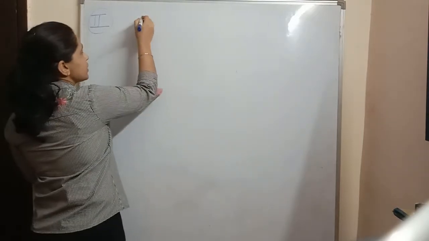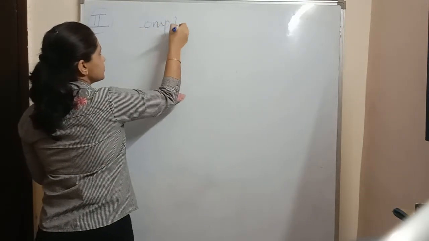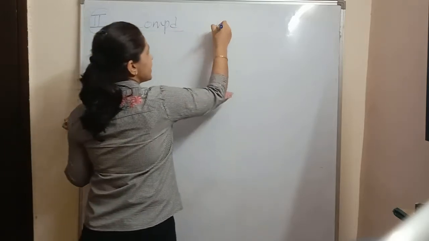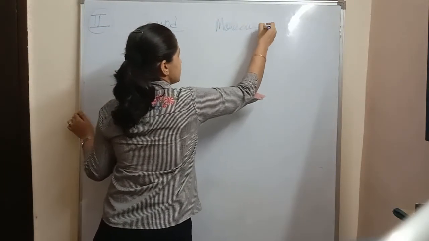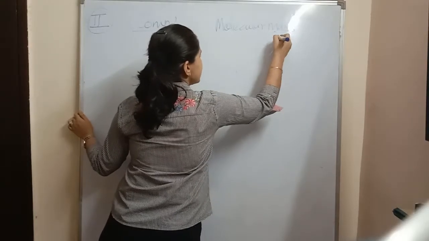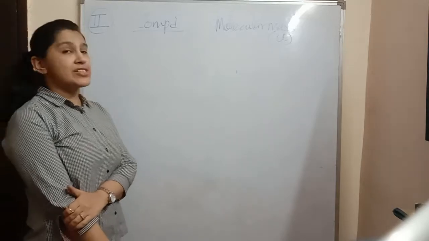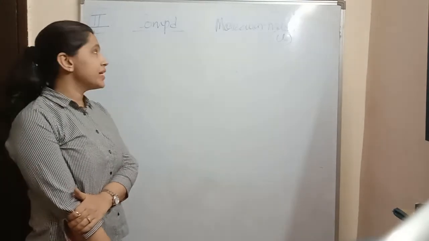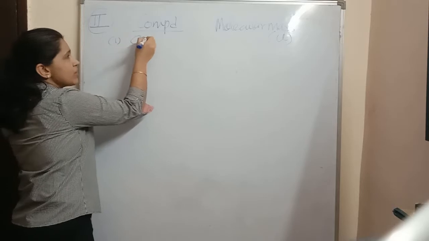So important compounds and their molecular mass. I have written in the bracket U. U stands for unified. You can also call it atomic mass unit, right?